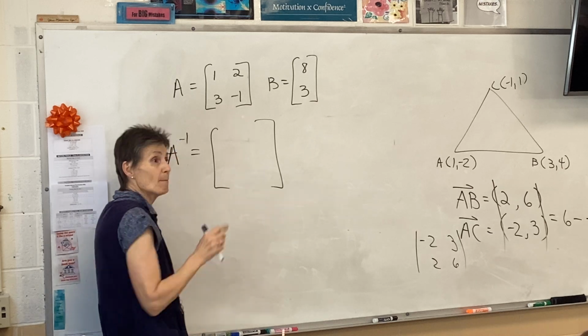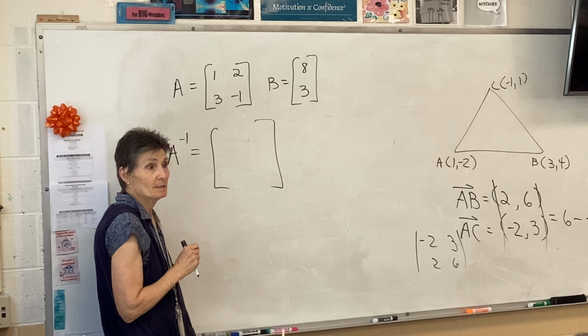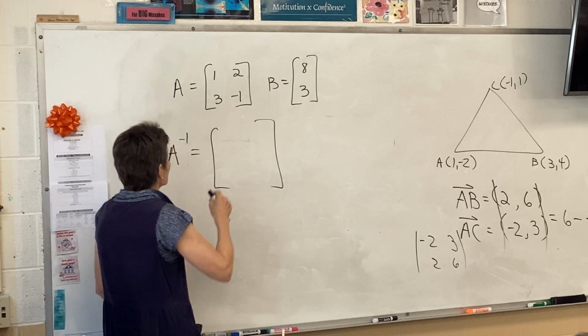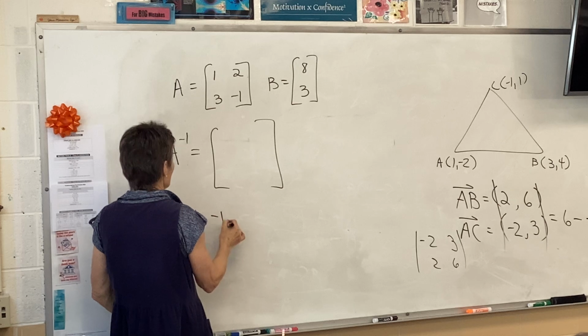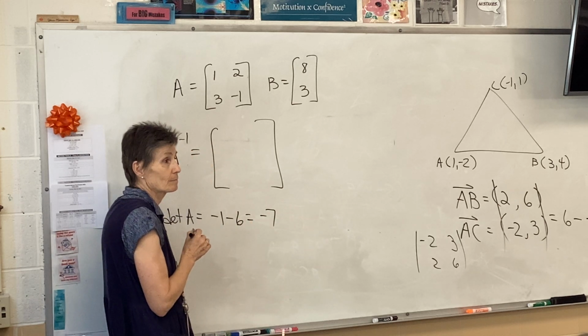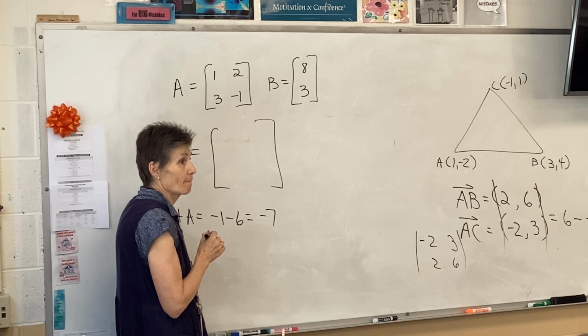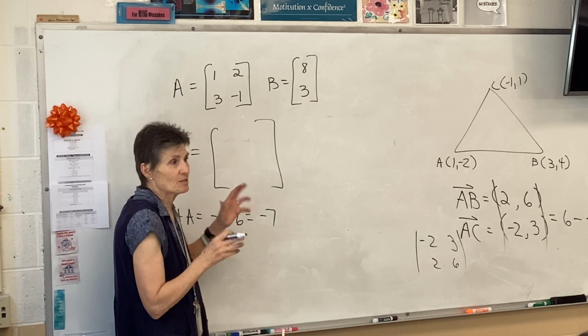That is a two-step process. The first step is to find the determinant. So the determinant would be -1 minus 6, or -7.